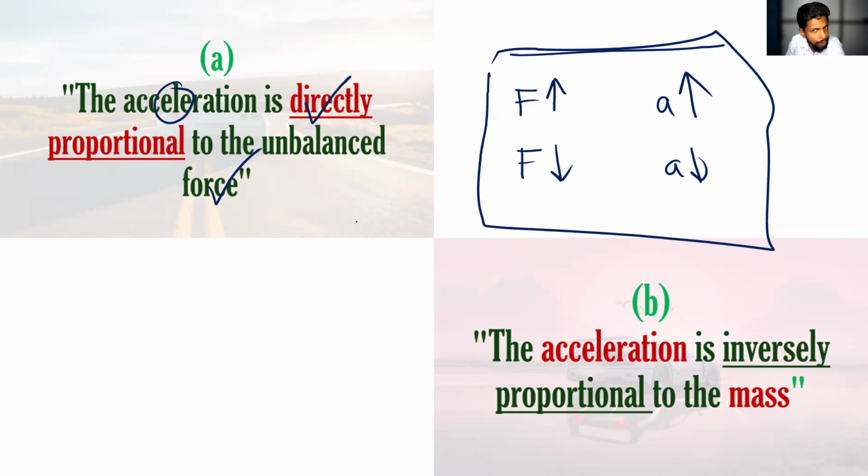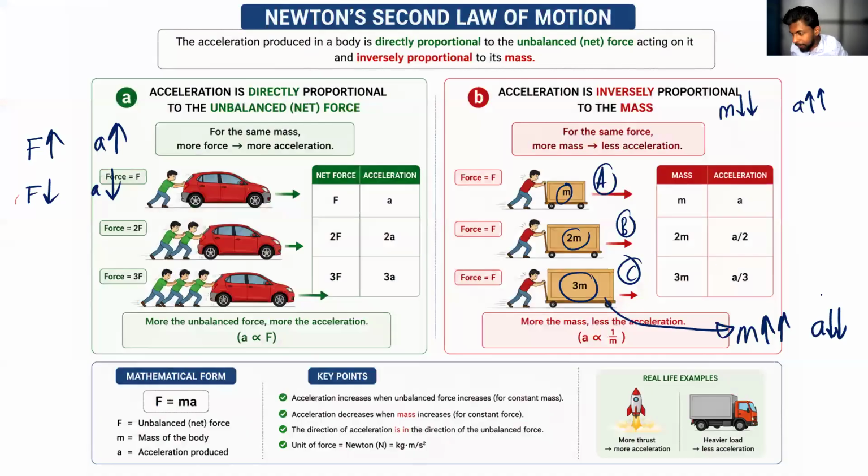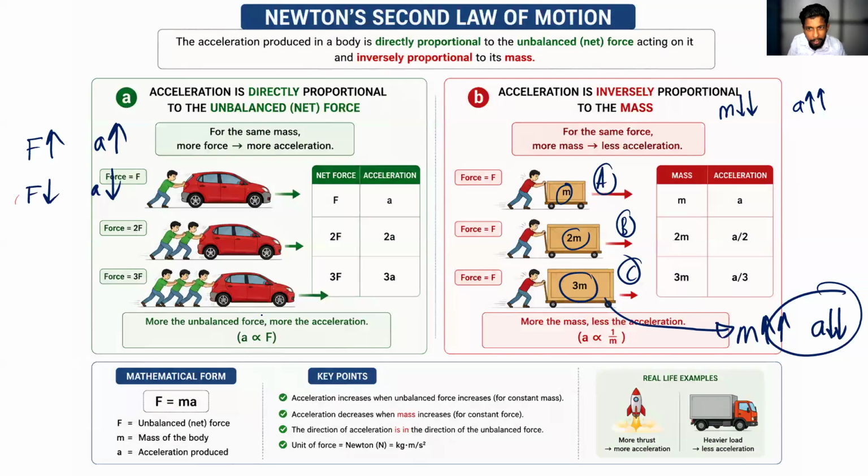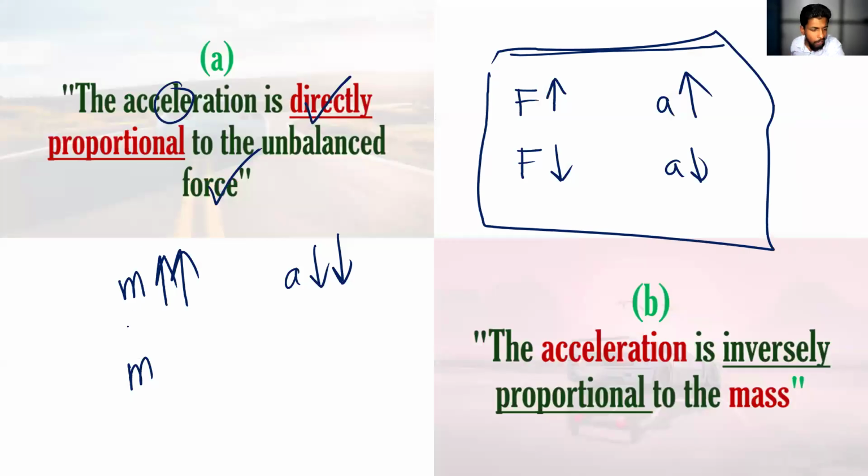What is that inversely proportional? If the mass increases, you may remember earlier, here what happened, Pulal? Acceleration decreases. And same like here, when you're pushing a small toy car, what happened, Pulal? The mass will be very low, but we can push the car with the highest acceleration, right?